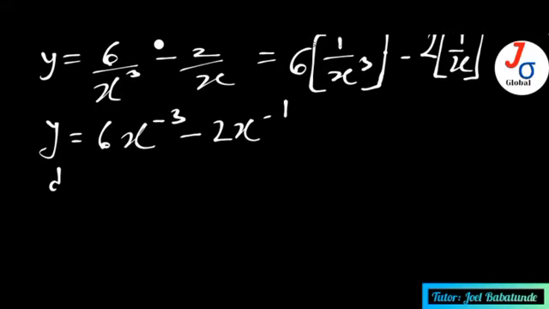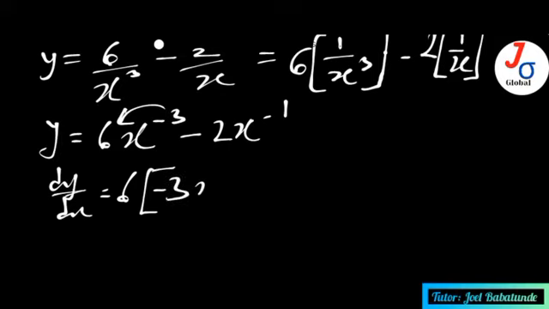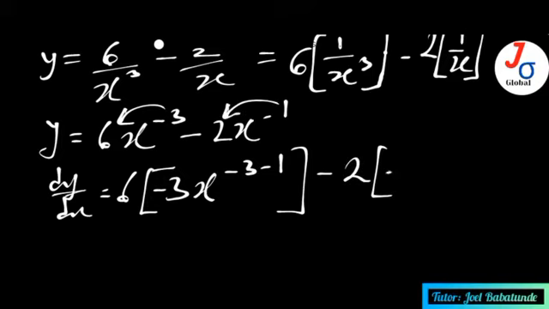So dy/dx now becomes, multiply this by this, so I have 6 into minus 3, then x, then subtract 1 from this, I have minus 3 minus 1, then minus 2, then bring down this one here, now you have minus 1, then x to the minus 1, then subtract 1 from this, minus 2.